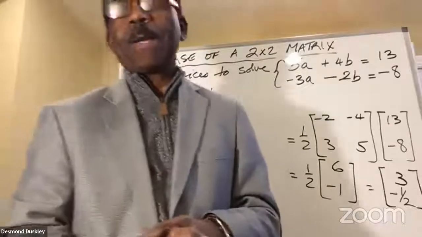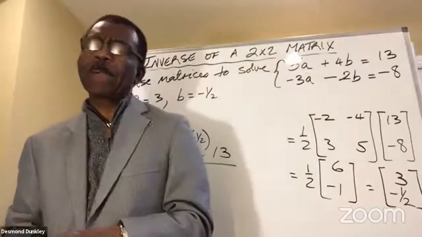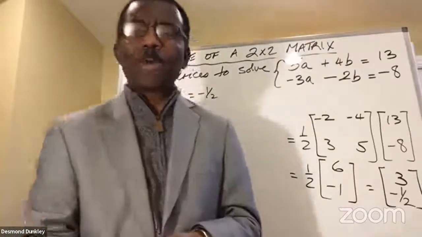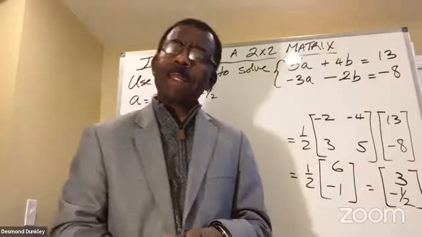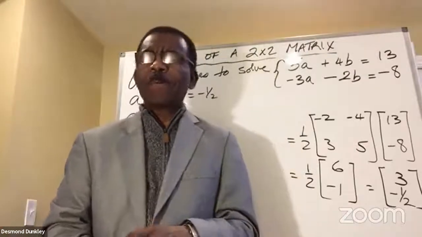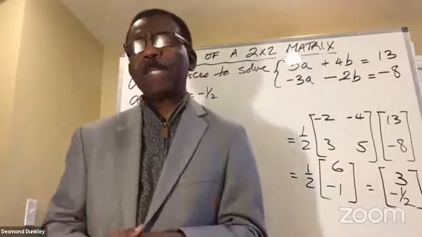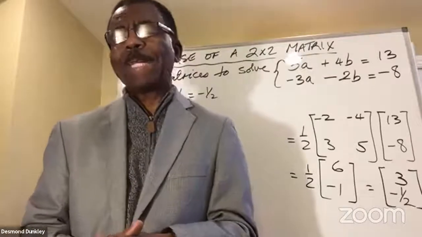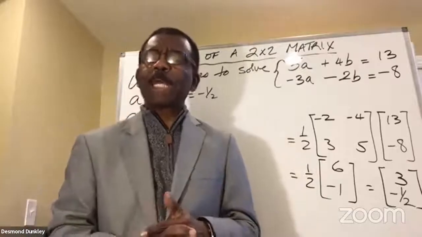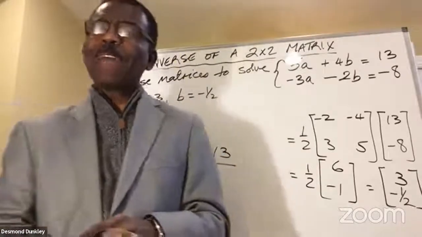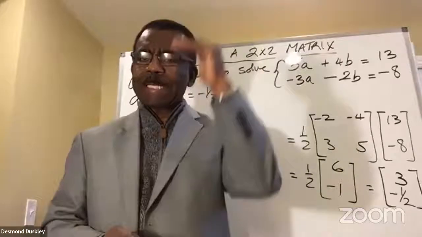And of course, there's one other method known as Cramer's rule. So maybe next time we're together, we could touch Cramer's rule. And then maybe I might introduce you to, just give you an idea, what it would take to find the inverse of a 3 by 3. So that's going to be a step up.